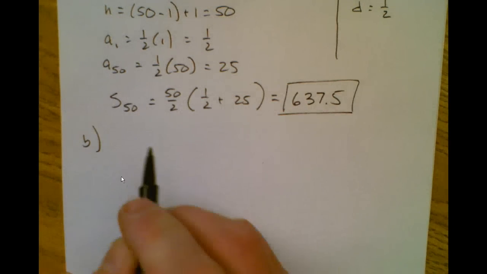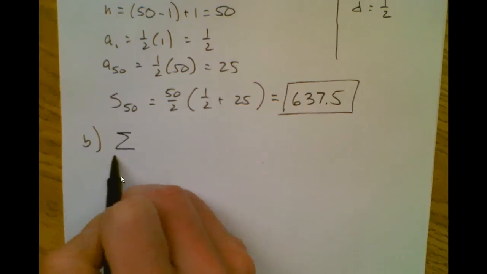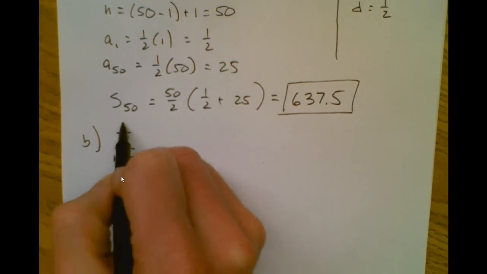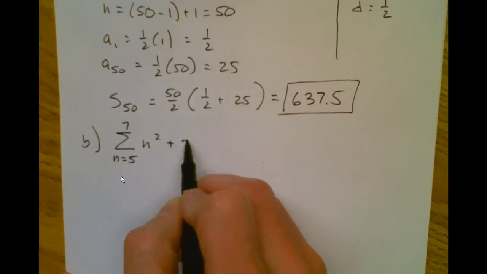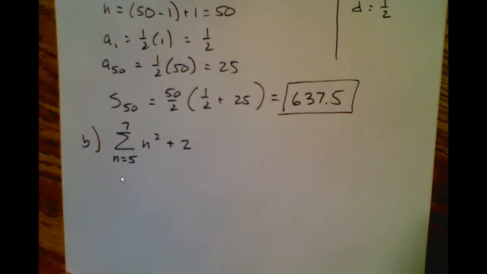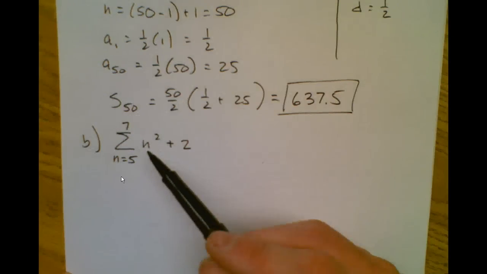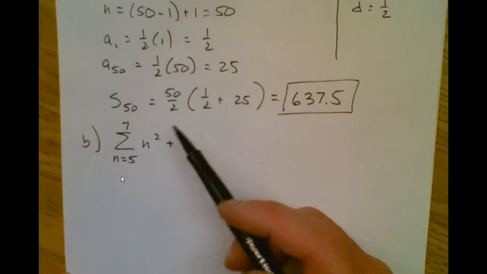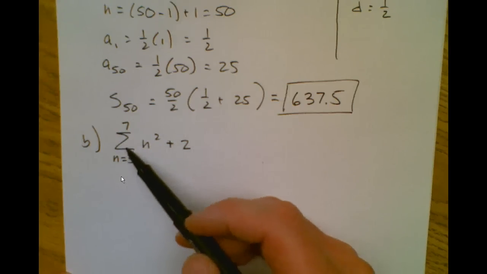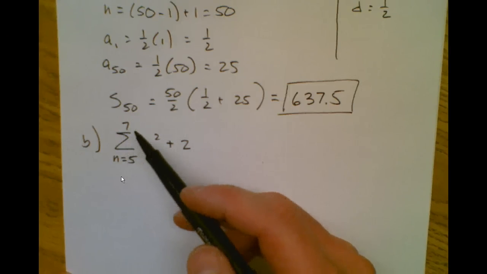Part B. We've got the sum as n goes from 5 to 7 of n squared plus 2. So if we take a look at the terms in this sequence, we're going to plug in 5, we're going to plug in 6, we're going to plug in 7. There's only 3 terms.